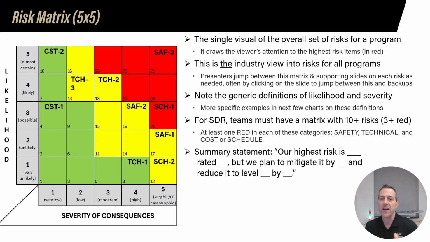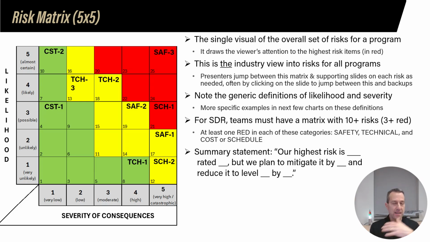Okay, so as I mentioned, this is the industry view into risk for all programs, and literally what will happen is the program manager or the risk manager or the systems engineer will get up and will show this matrix, and often within slideshow mode, they will move the mouse and literally click on one of them, and if there's a question about one of them, it'll take them to a backup slide that has much more information about that specific risk.